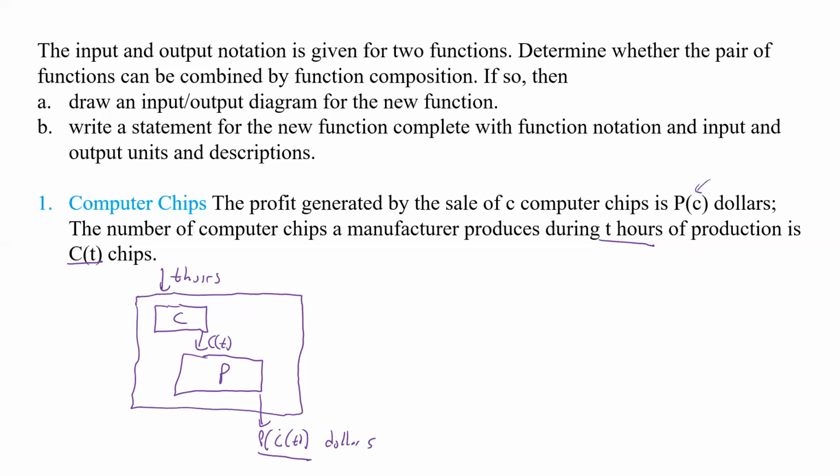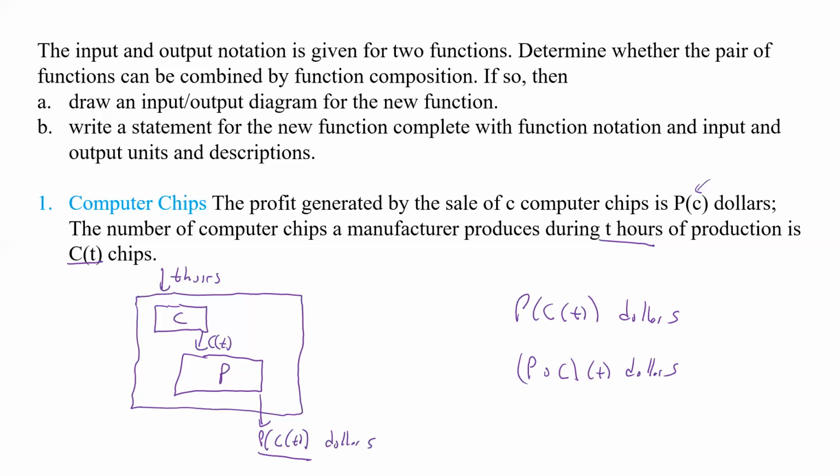All right. So now the question says, write a statement for the new function complete with function notation and input-output units and description. Well, basically, we're just going to have P of C of T dollars. Now, if we wanted to write it the fancy way, P of C and then of T dollars, we could do that as well.